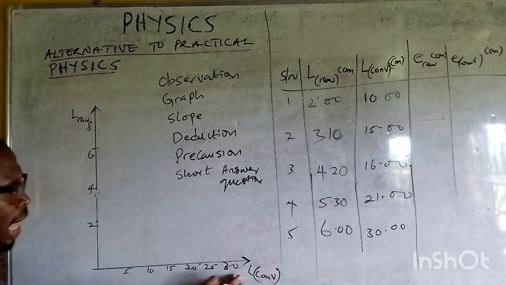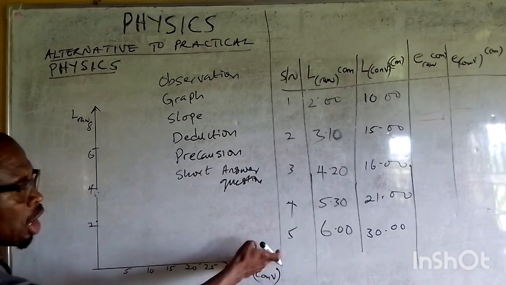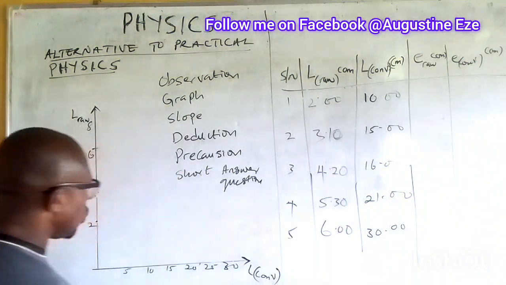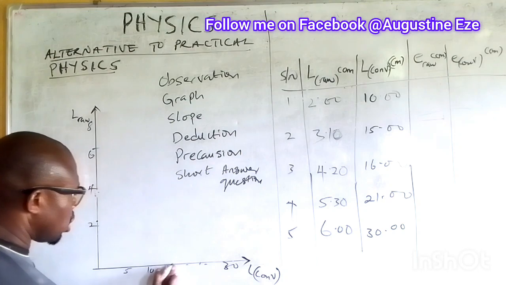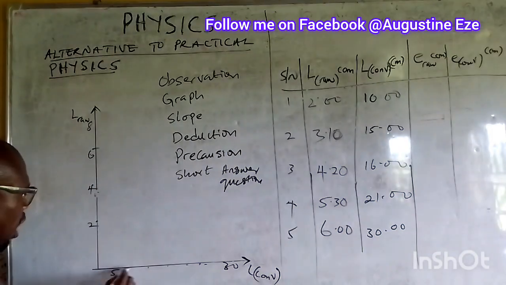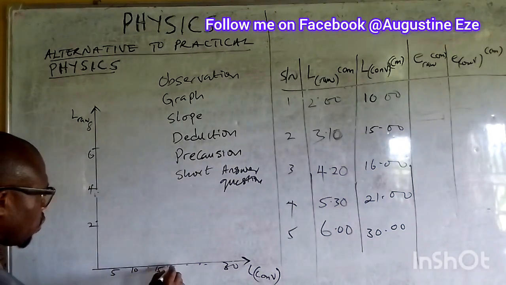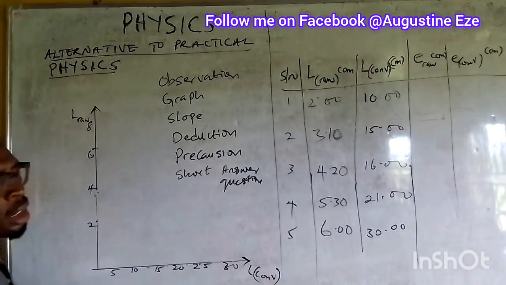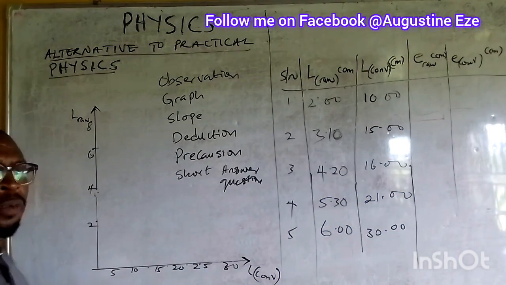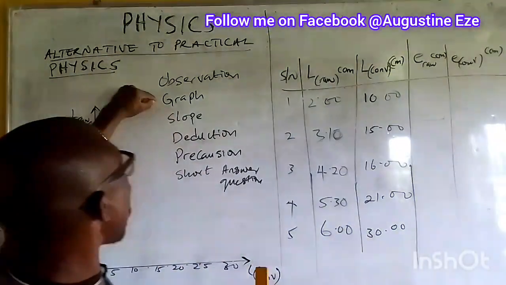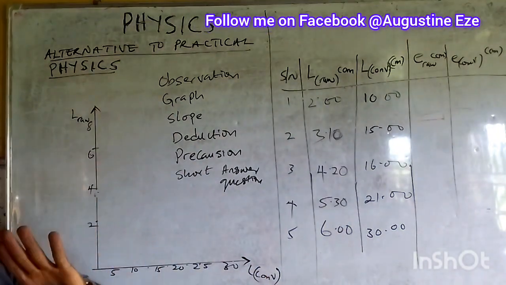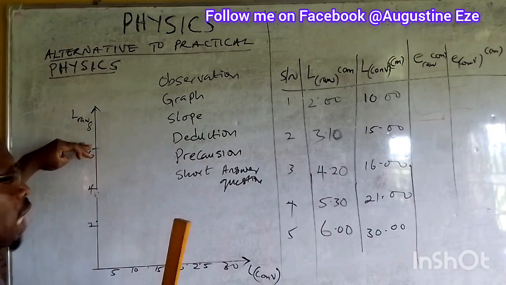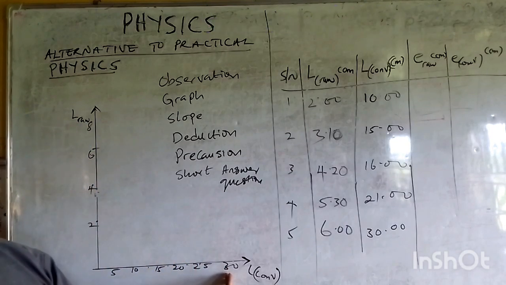You see where 30 is, just before this. I can say 5 here, 10 here, 15 here, 20, 25 there, and then 30. I think it is well spaced. So this is the first thing you should do on that graph: make sure your scale is reasonable enough that your highest value occupies at least 2/3 of your graph, please.